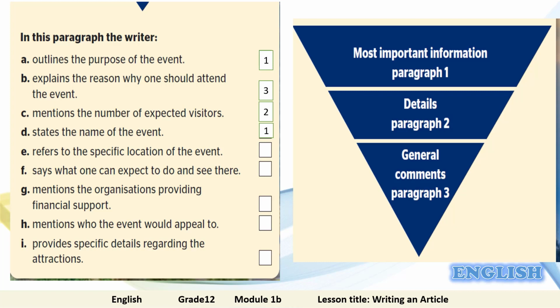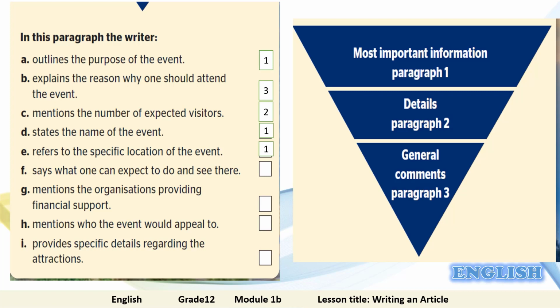Refers to the specific location of the event. Location is an important piece of information as well. Again, paragraph 1. Says what one can expect to do and see there.